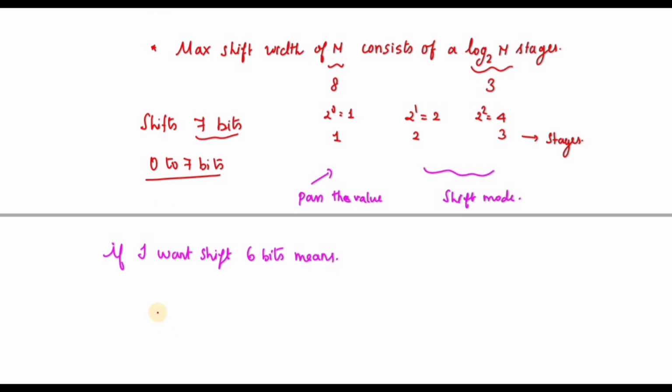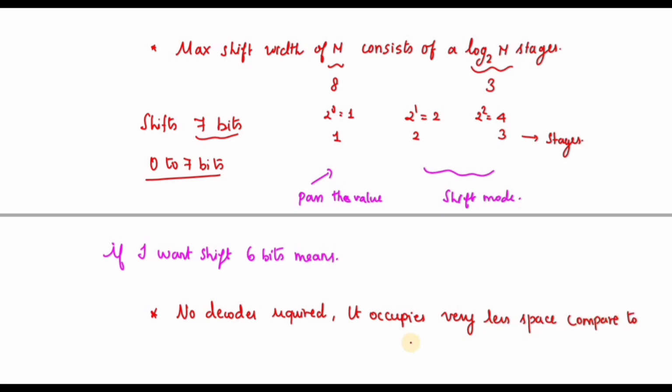The greater advantage of this logarithmic shifter is that no decoder is required. Since no decoder is required, it occupies very little space compared to the barrel shifter, where you require a decoder, right?